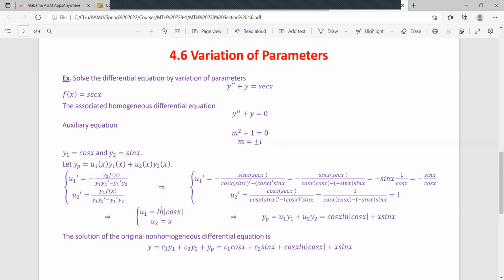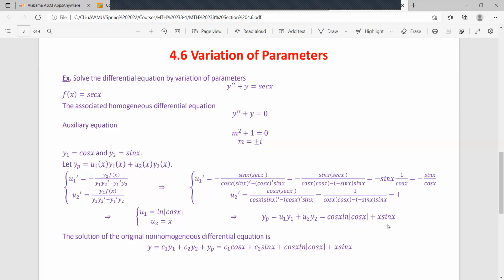So then plug in u1 and u2 into this yp. So we get yp equals u1 y1 plus u2 y2, which is cosine x, that's y1, times u1, natural log of absolute cosine x, plus u2, x, times y2, sine x.